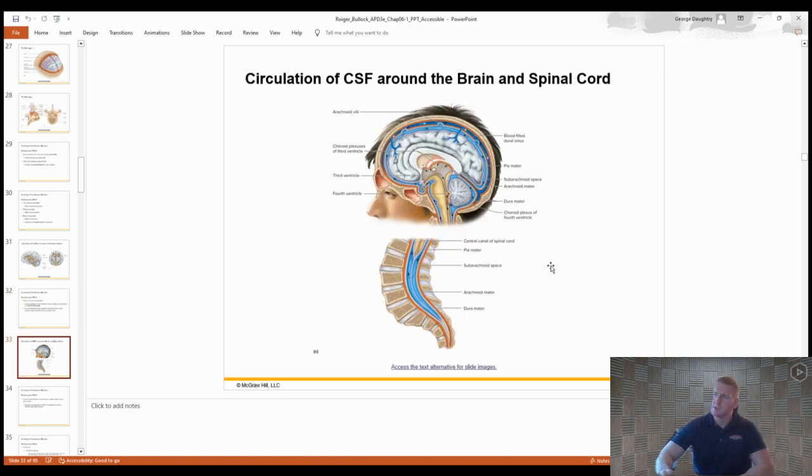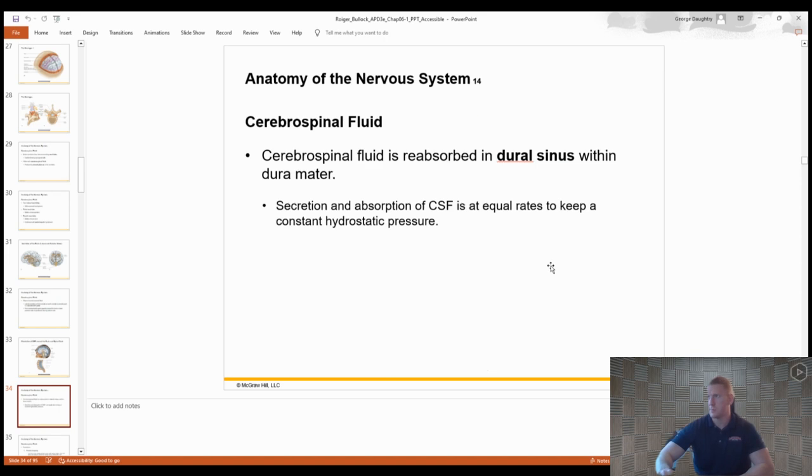Nothing super complex there, but it really saturates every portion of the arachnoid space, all the way around the brain and all the way down the spinal cord. Okay. Eventually, cerebrospinal fluid is reabsorbed in the dural sinus within the dura mater, and secretion and absorption of the cerebrospinal fluid is at equal rates to keep a constant hydrostatic pressure.